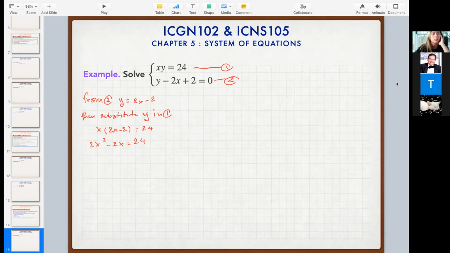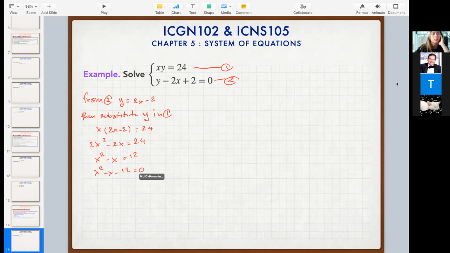Then you just divide both sides by 2. Then we get x squared minus x equals 12. x squared minus x minus 12 equals 0.